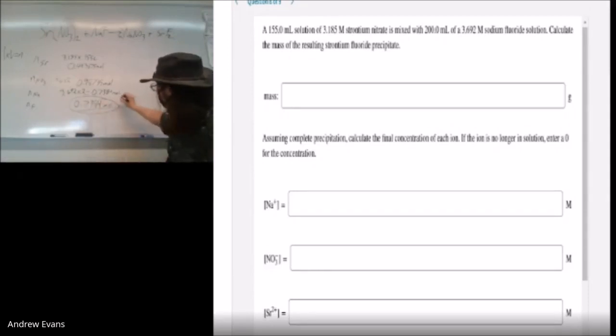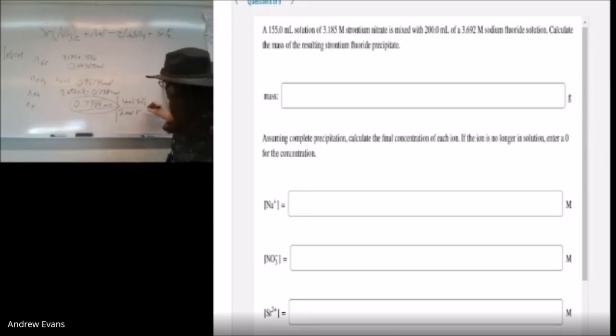So let's calculate how much strontium fluoride we could generate. From there, we're going to divide by 2 moles of fluoride per 1 mole of strontium fluoride. And then we have to look up the molar mass of strontium fluoride. Fluorine is 19, if I remember right. Strontium is, that's the one I don't remember. Strontium is 87.6 plus 19 times 2.